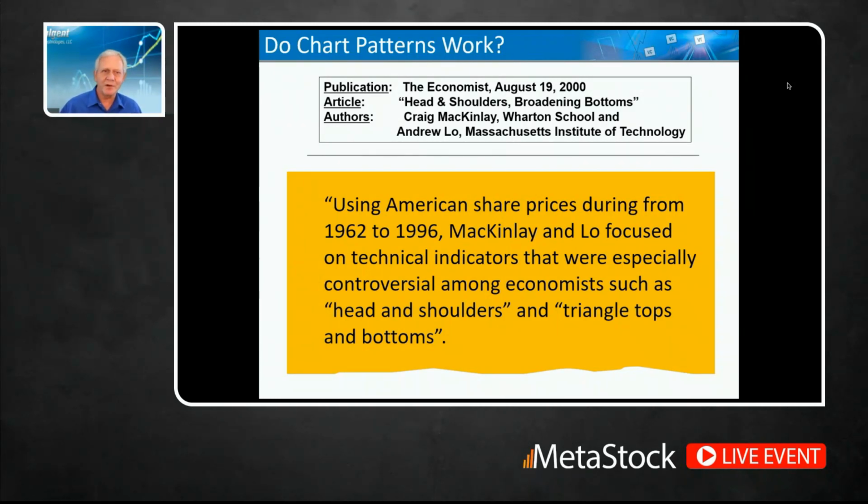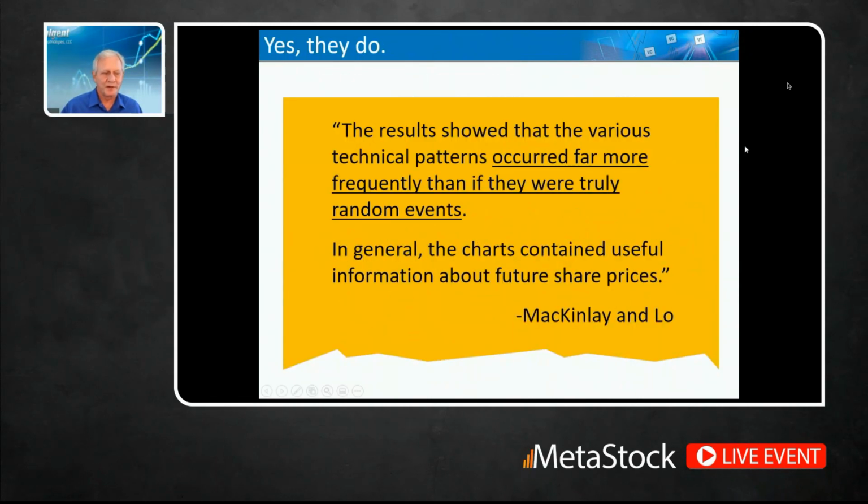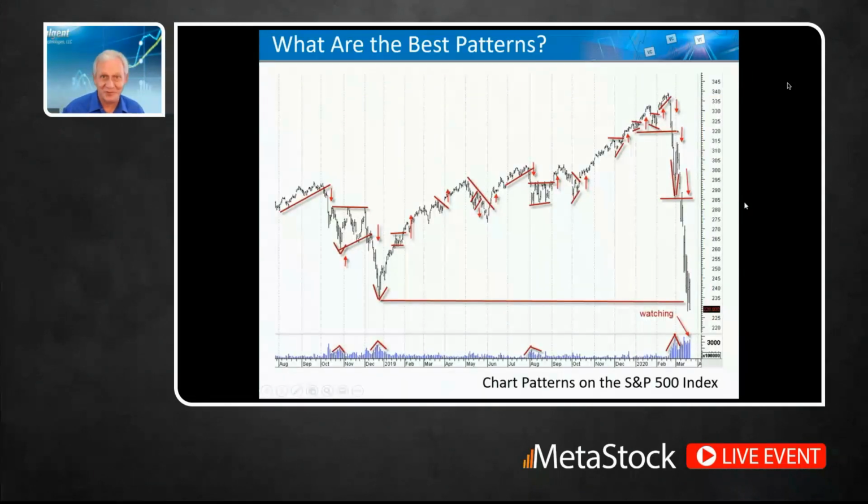They looked at thousands and thousands of charts and studied it very carefully, a very rigorous report. And the results showed that the various patterns occurred far more frequently than if they were truly random. And again, this goes back to the days when people thought that technical analysis was voodoo and it doesn't work, and that's just bunk. It does work. So they proved it in this paper, and it's Lo and MacKinlay, if you want to look that up on the internet. Pretty interesting stuff. But we don't really need them to tell us this because we know they're effective, right?